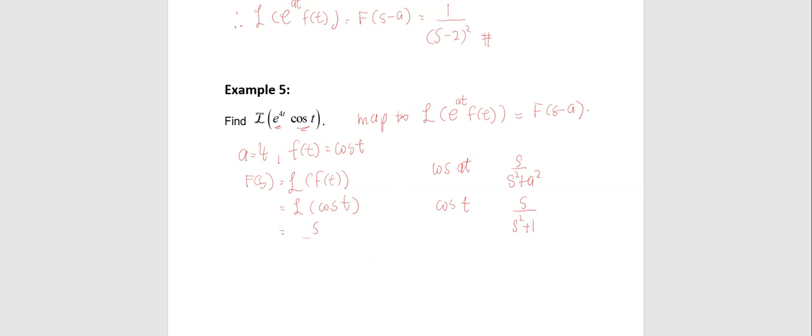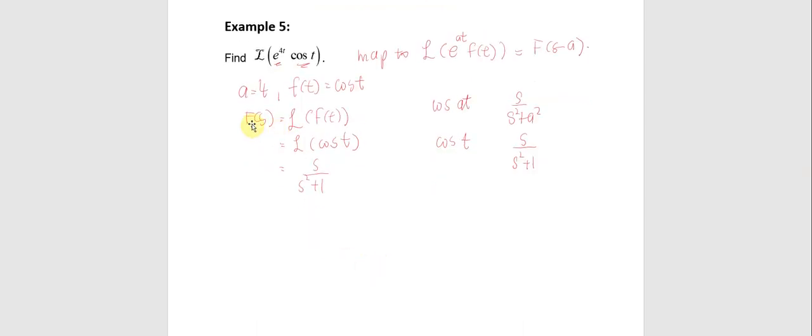This is the function F(s) only. So for the Laplace of e^(4t) cos t, it is equal to F(s minus a). a is 4, so you replace s with s minus 4, and it is s minus 4 over (s minus 4) squared plus 1.